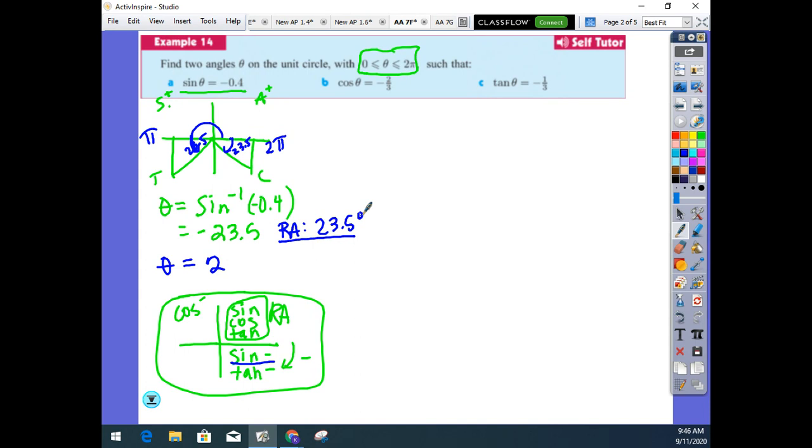So make sure you go to your mode, make sure it's put back into radians, then do sine inverse of negative 0.4 because your answer needs to be in radians. I'm sorry, I got distracted. I was like, that's too big to be a radian value.